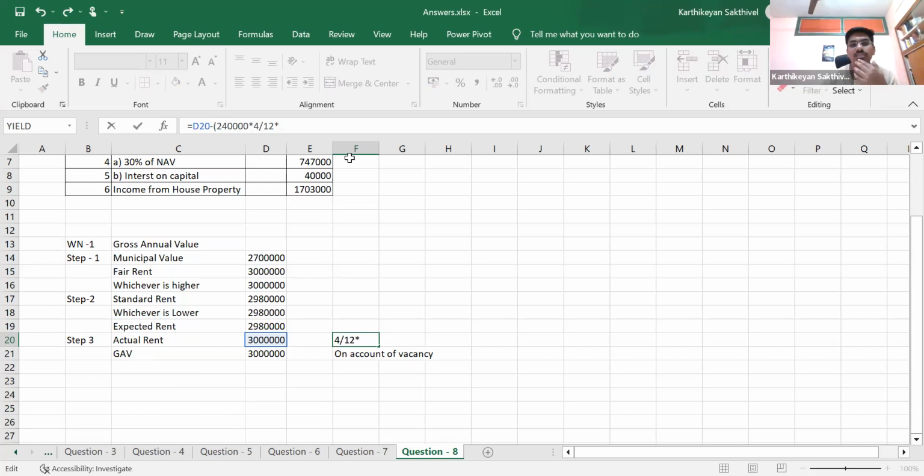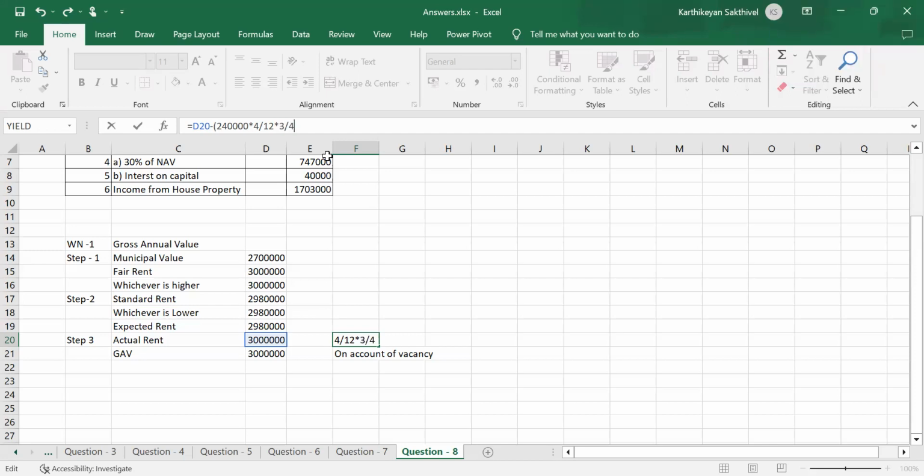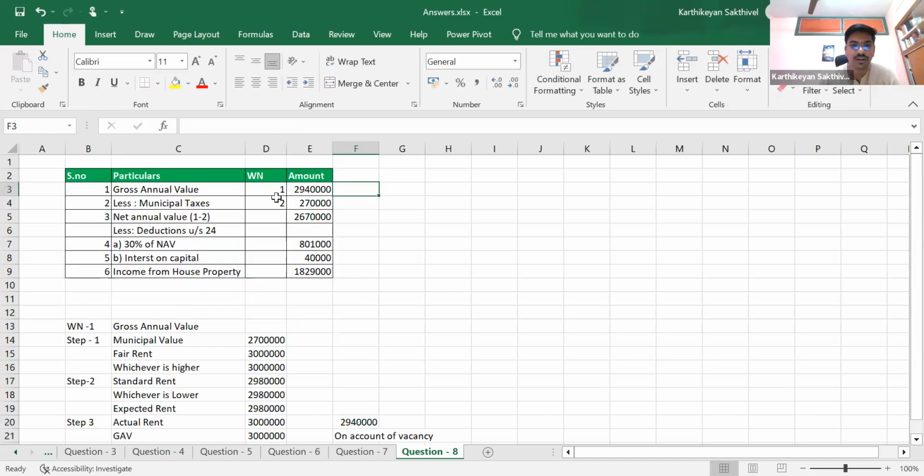And one more thing is, see, of the rent of 40 lakhs, 10 lakhs is towards other amenities. So how much is towards the rent for the building? See, 1/4 is for amenities. Correct? Yes, sir. So 3/4 is for the property. As simple as that. So our annual value will become 29 lakhs 40,000.